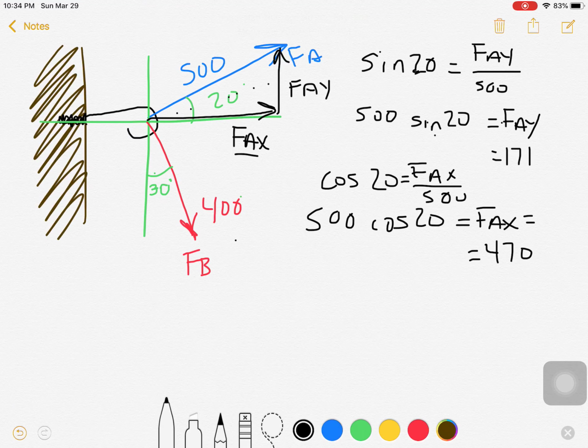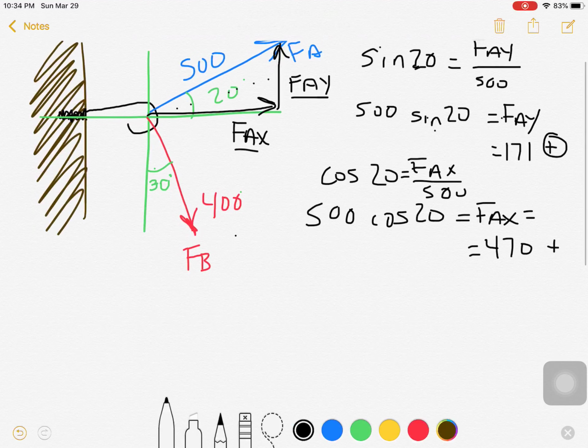All right, now notice that FAY right here is going up, so we know this is going to be positive. And the force AX is going to the right, which is also positive.